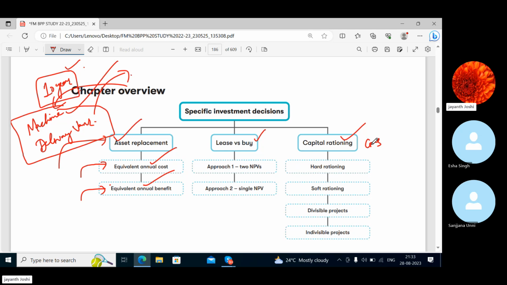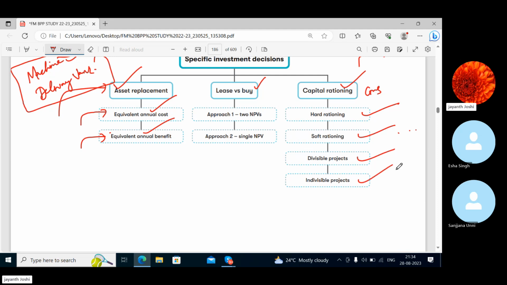They should use the funds very smartly, in such a way that they get maximum benefit out of the funds they are spending. Hence here come hard capital rationing, soft capital rationing, and divisible projects, whereby you can divide your money amongst the projects. There are also cases whereby you cannot divide the money amongst projects. You're going to see all these cases.